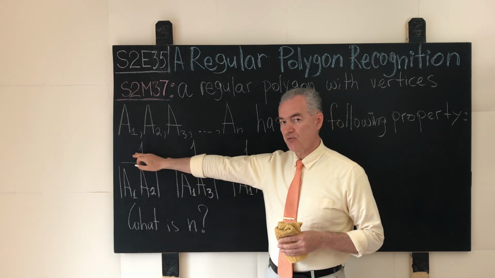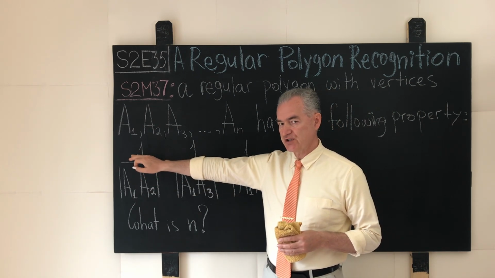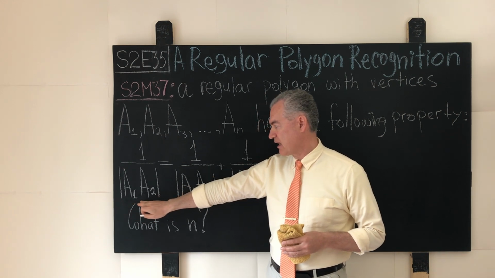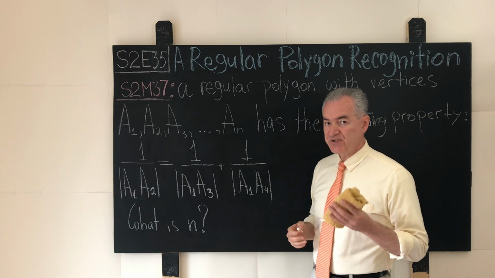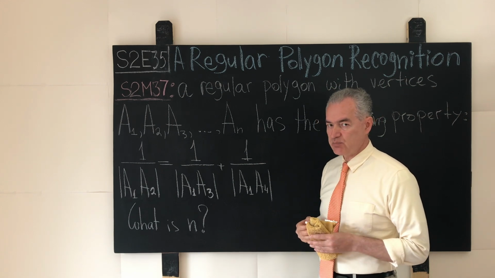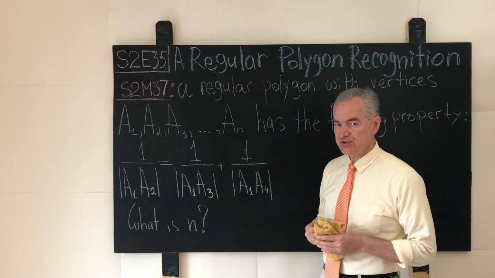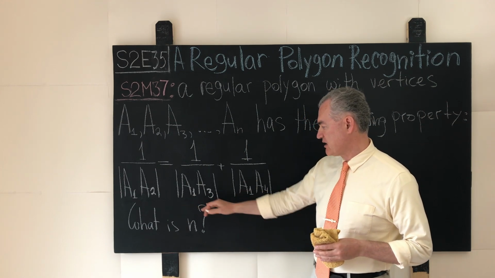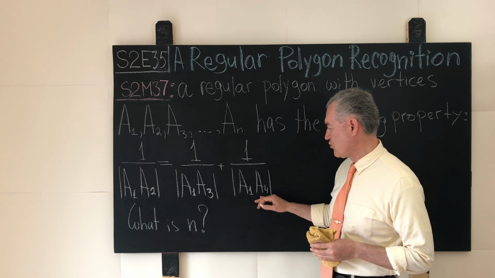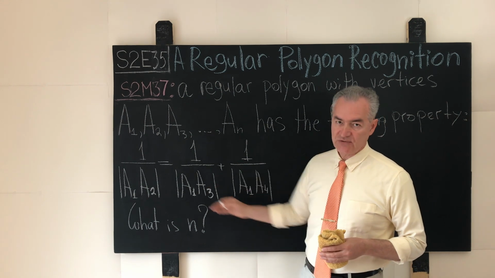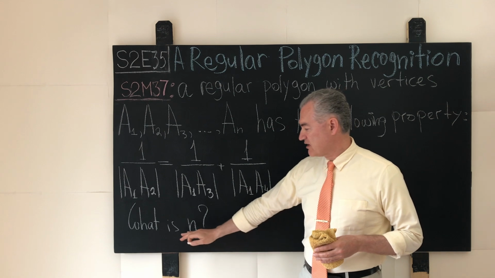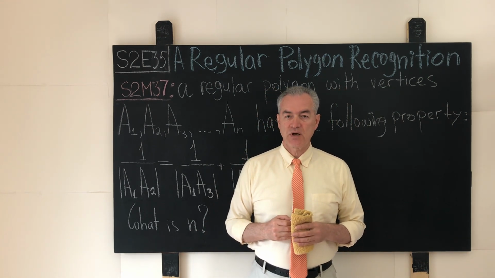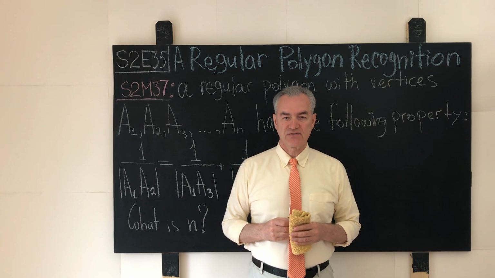The reciprocal of the distance between the vertices a1 and a2 is representable as the sum of the reciprocal distances between the vertices a1 and a3 and a1 and a4, and under the constraint specified, we're asked to recover the value of n. What is n is the question of the mathematical problem S2E35.